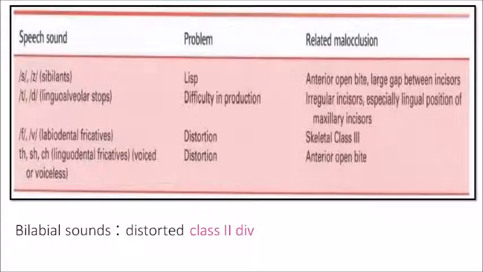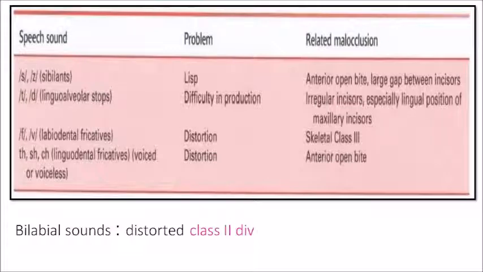Those sounds are distorted in anterior open bite cases. So in anterior open bite cases, you produce lisping. Lisping is due to the sibilants not being expressed properly. Also, anterior open bite can cause distortion of linguodental fricatives like dha, sha, sh. So those sounds are also distorted.